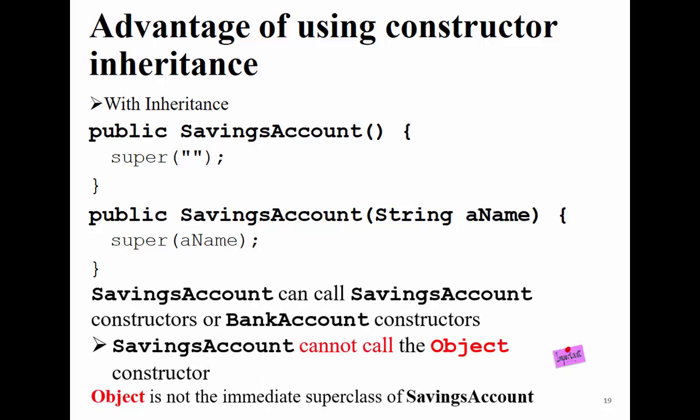So saving account can call the constructor from the bank account, but cannot call the object constructors. The object is the immediate superclass. I mean, this is a very important hint. Saving account cannot call the object constructors, okay? This is back to your questions. We cannot call the superclass by using this, okay?